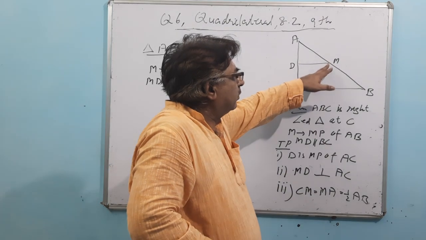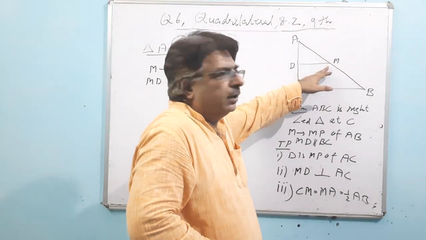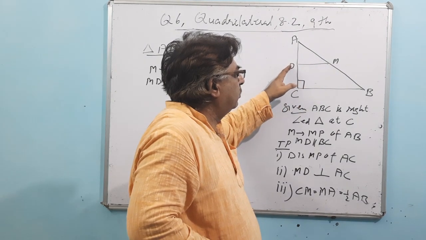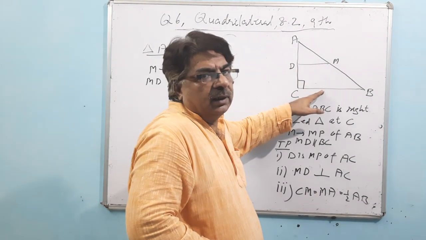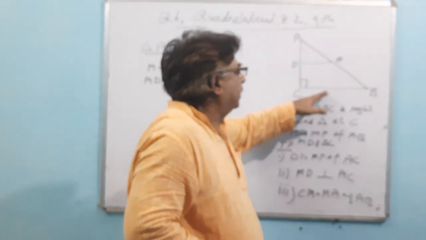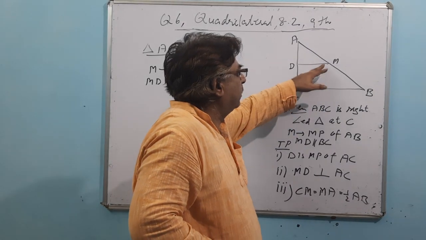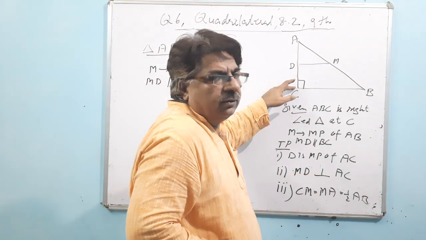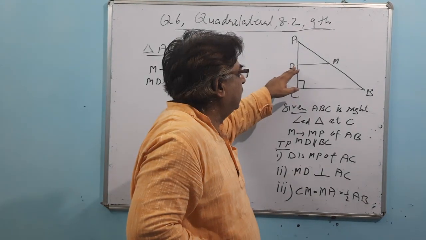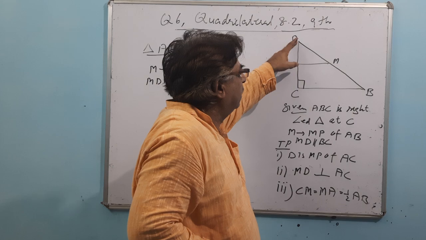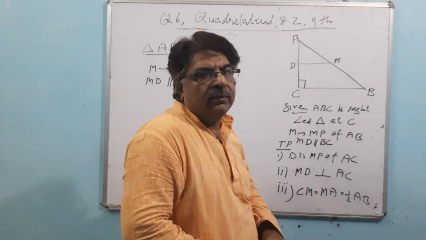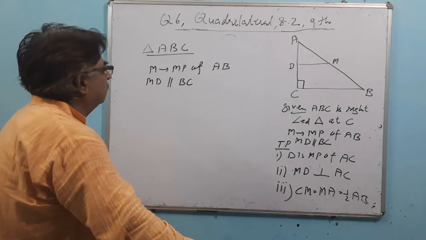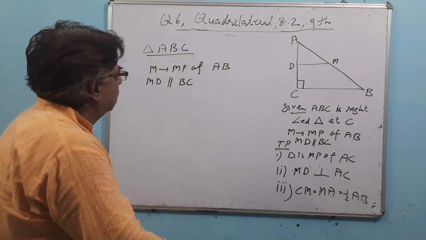From the midpoint of the one side of the triangle, MD is drawn parallel to another side of the triangle. It means it will bisect the third side, that is D would also be midpoint of AC. This is converse of MPT, converse of midpoint theorem.